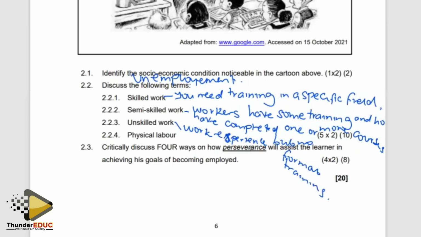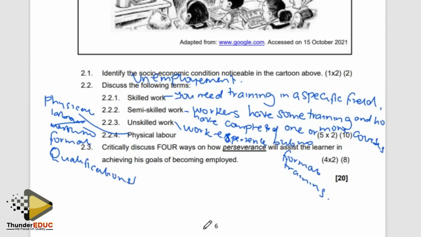You may have skills obtained from experience or short on-the-job training sessions. Here, you just do physical labor. You don't have formal qualifications.